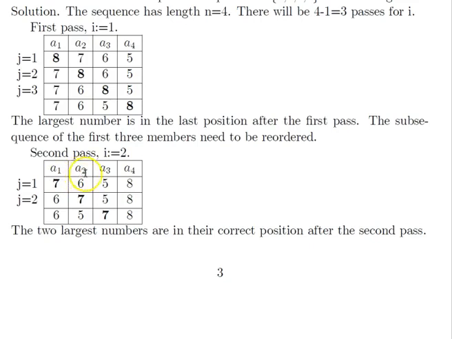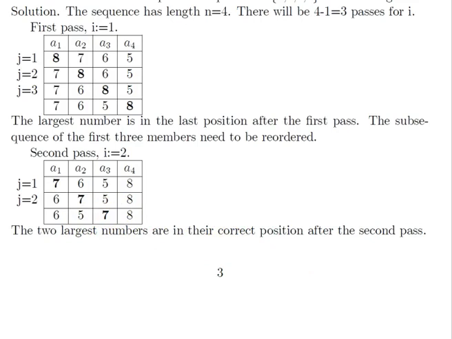Is A1 bigger than A2? It is true, so they must be swapped. Then j is 2. Is A2 bigger than A3? It is true, so they must be swapped. And we are done with the second pass. After the second pass for i, in the last two positions we have the correct values, the largest two values are there.